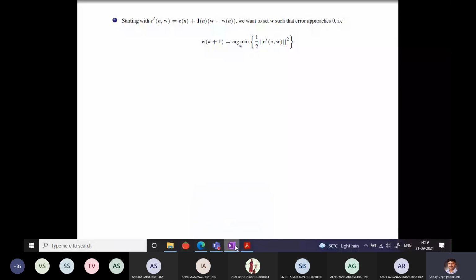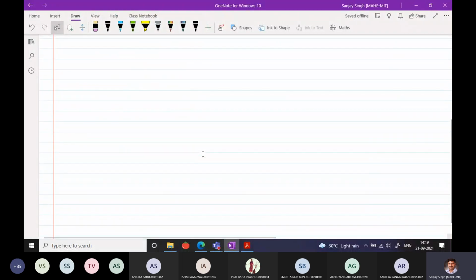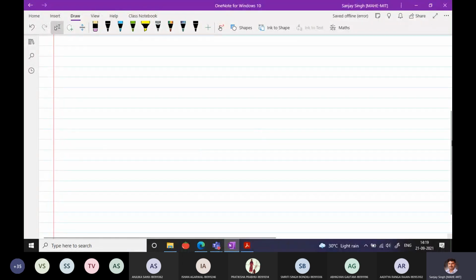So let me go to the board and write it. Be very careful about this. For each and every step I'm going to write it here. First of all, let me write what is given here: E prime of W, which we have just written, is nothing but En plus Jn (W minus Wn).